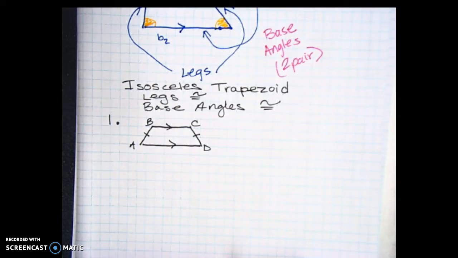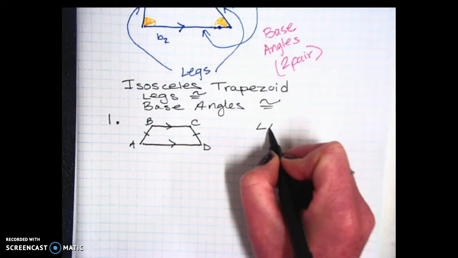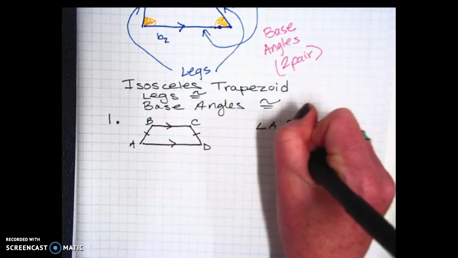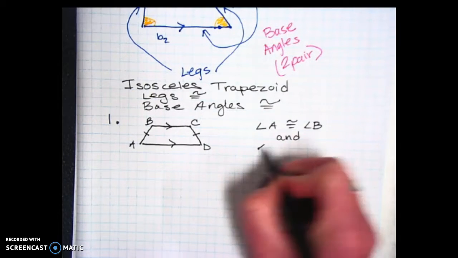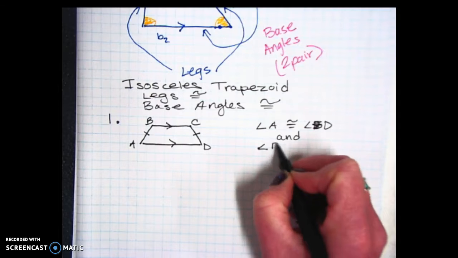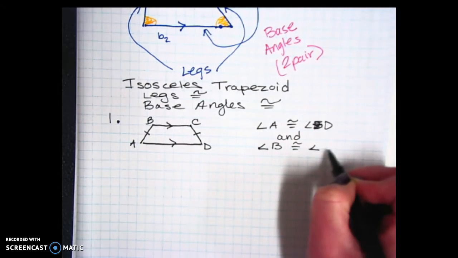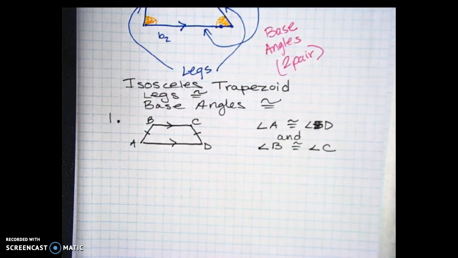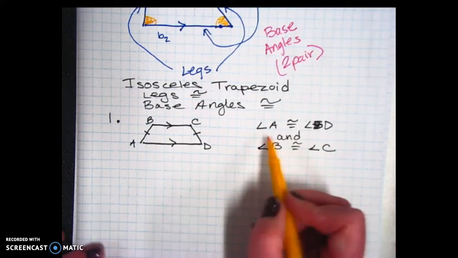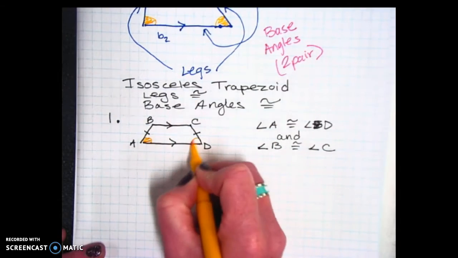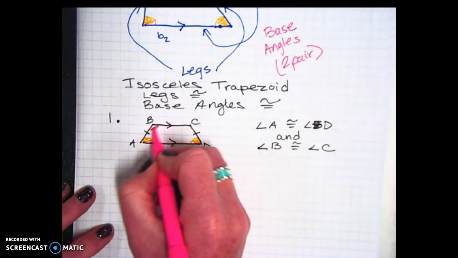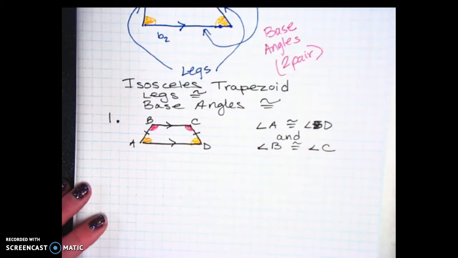This theorem says that angle A is going to be congruent to angle D, and angle, I meant to write D right there, sorry. I said D and wrote B. And angle B is going to be congruent to angle C. Okay, so kind of how I shaded it in up here, the A and the D are going to be congruent, that pair of base angles, and the B and the C, that pair of base angles.